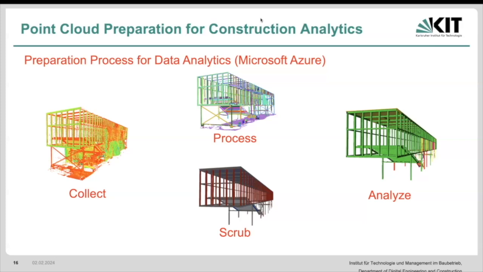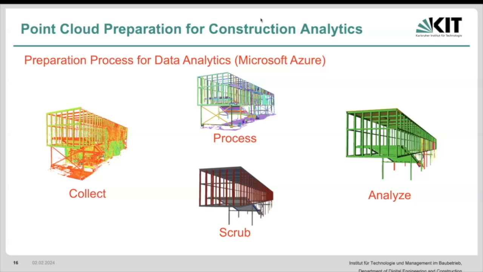And this scrubbing is basically coming from our plan side and from our BIM side. Then these two need to be joined together through some analysis so that we can finalize those deviations that we want here. Okay, so this is the process of big data analytics for the preparation of the data in order for it to be utilized for construction analytics.